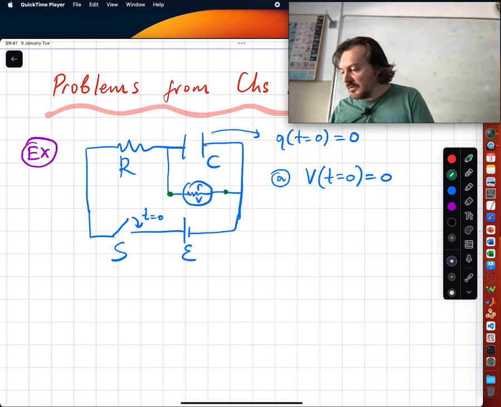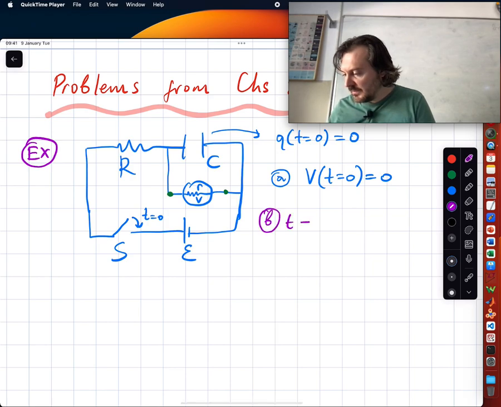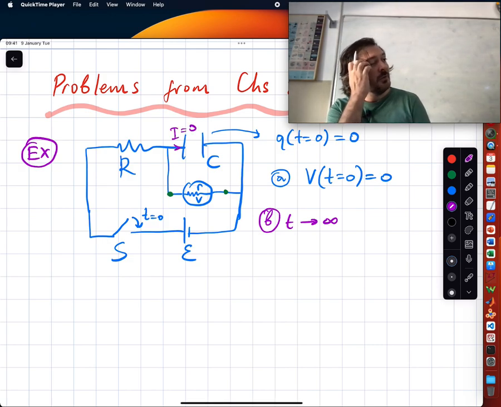So in this particular case, after enough time, the capacitor is filled up, right? So what does it mean for the capacitor? It means that as t goes to infinity, the current here is going to be 0. Now why is that?